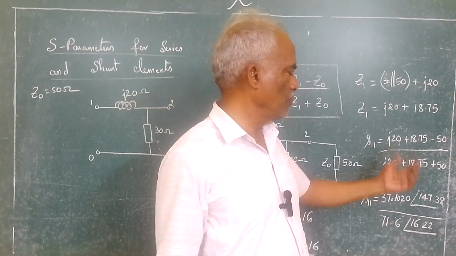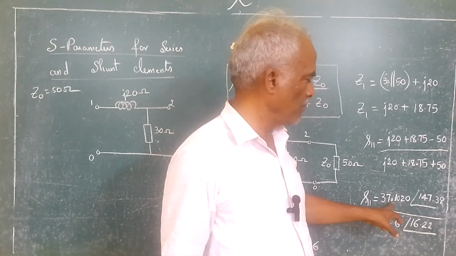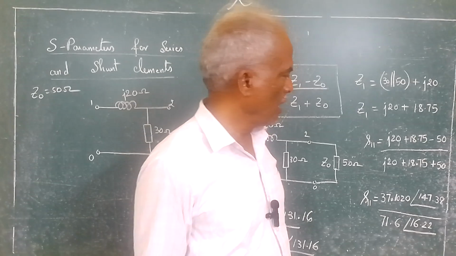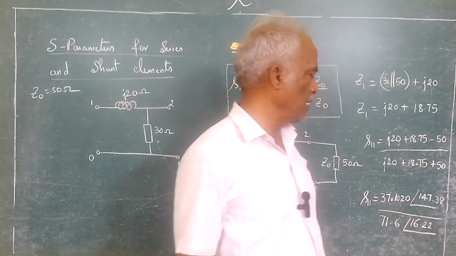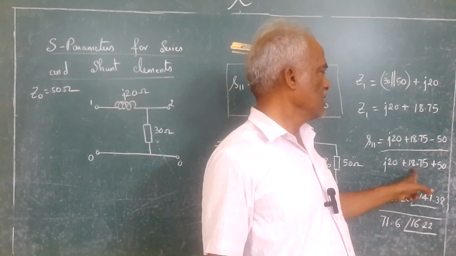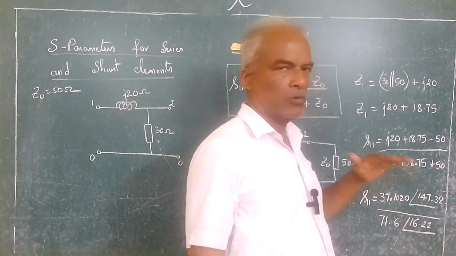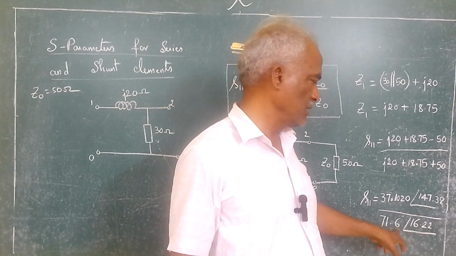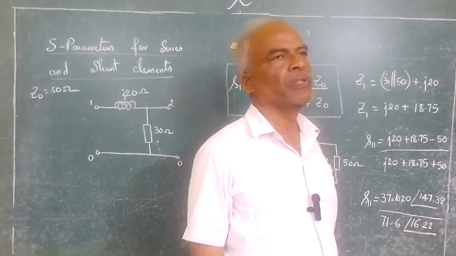If you convert the numerator into polar form, you will get 37.1020 angle 147.38. For the denominator, first add 50 plus 18.75, giving 68.75 plus j20, and converting to polar form you get 71.6 angle 16.22.